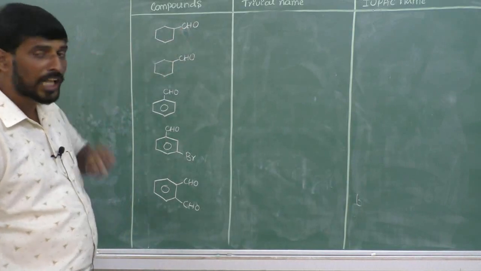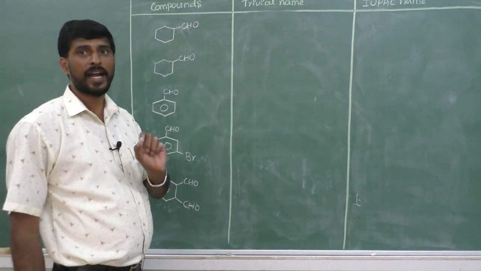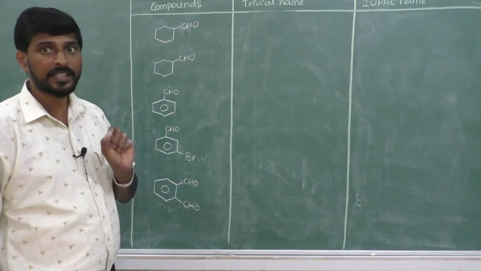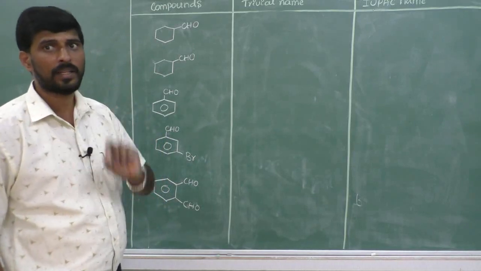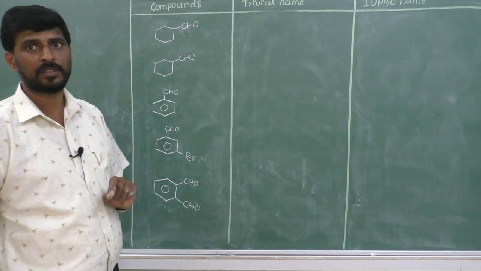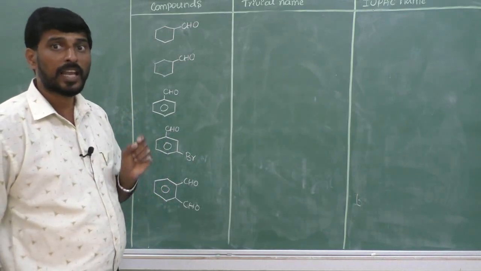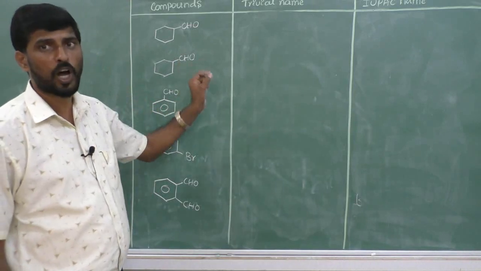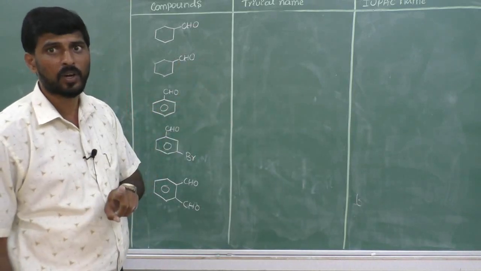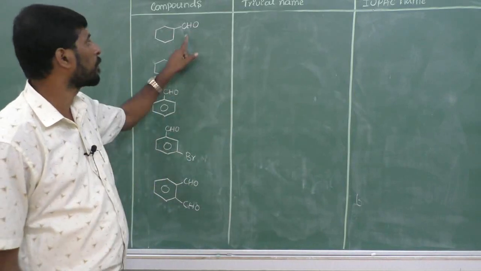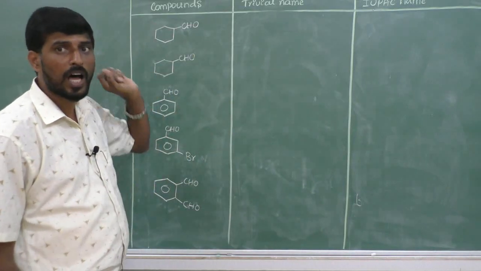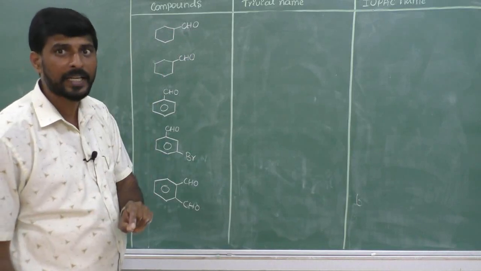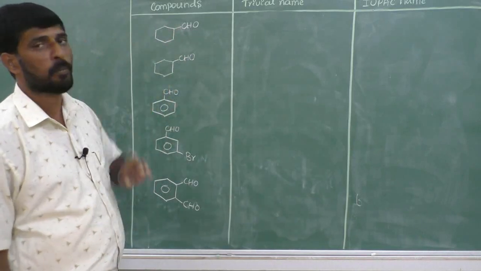Also, carbaldehyde starts with the letter C. It is not a vowel, it is a consonant. Therefore, the last terminal E of the corresponding hydrocarbon should be retained. Okay, this is very important. Please note that.